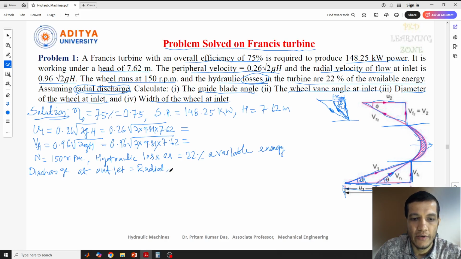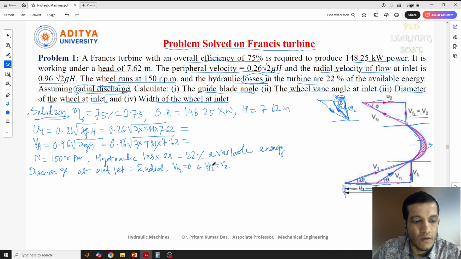As I told you, we need to consider VW2 equal to 0, and we can consider VF2 equal to V2. Because VW2 is 0, V2 becomes VF2 here.